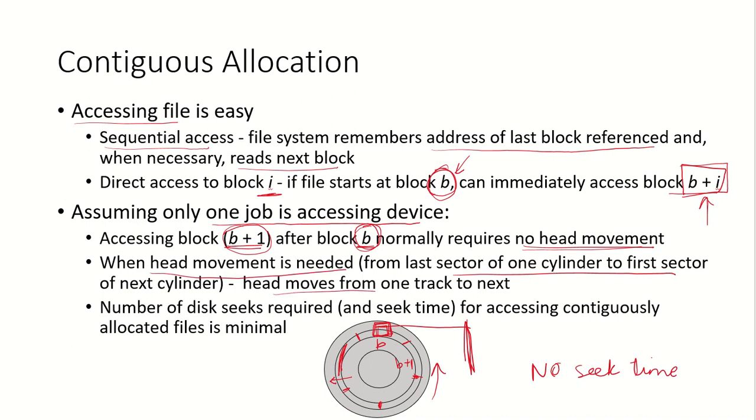So the head moves from one track to the next only if there is a movement required from the last sector of one cylinder, or you can think of a cylinder as a track at the same radial distance, to the first sector of the next cylinder. So the number of disk seeks required for accessing these contiguously allocated files is minimal.